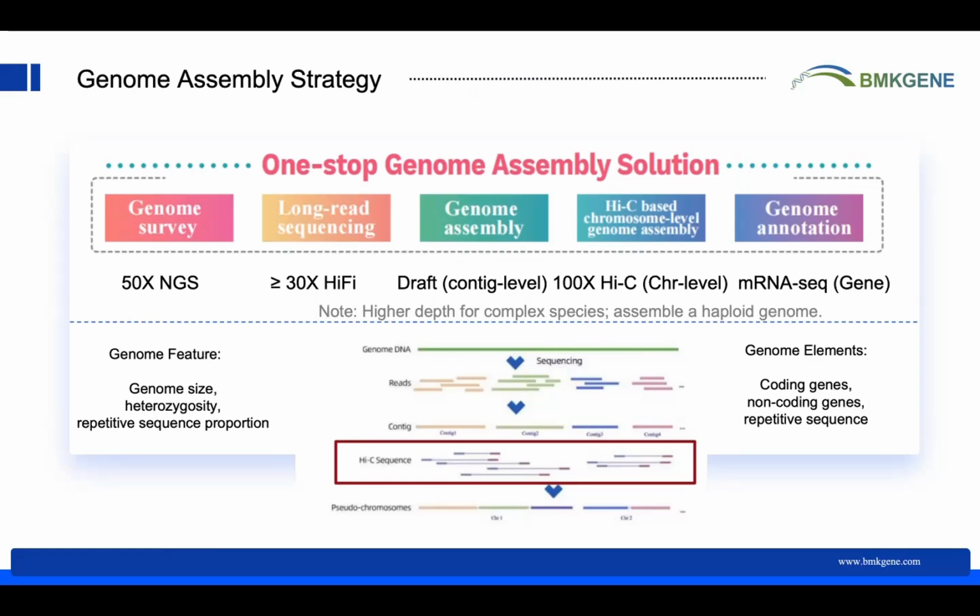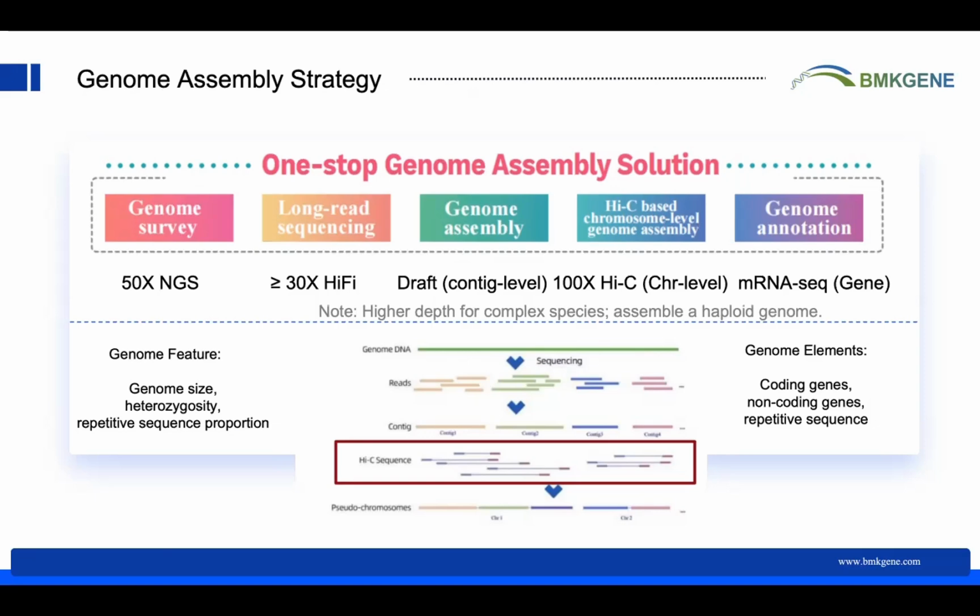If reads have connections between each other, they can be assembled into the contig level. So different related parts will be assembled into different contigs. And when we do Hi-C sequencing, from the data we can know which parts interact.